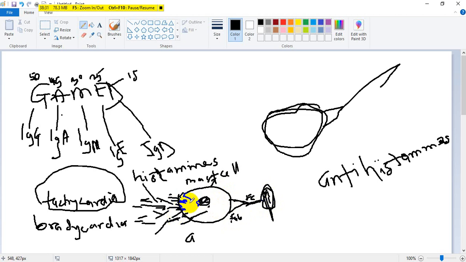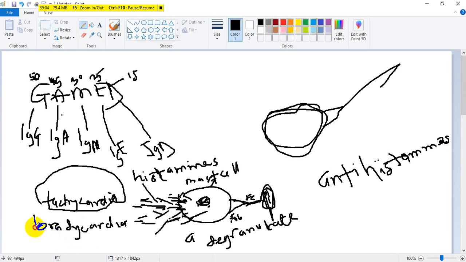Then the mast cell will degranulate, releasing its granules into the blood, and the granules are called histamines, and that will cause rashes, body aches, body itches, and increased heart rate, the pumping rate of the heart becomes so fast.